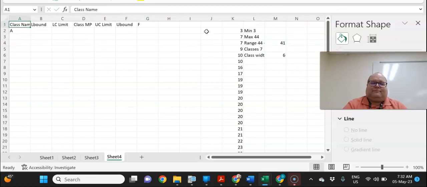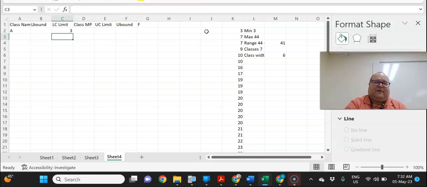So our lower class limit is our least value. We'll call it, it's 3. And then the difference between one lower class limit and the next lower class limit is our class width.